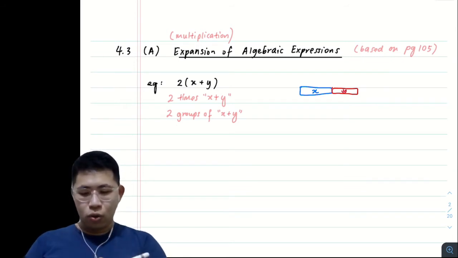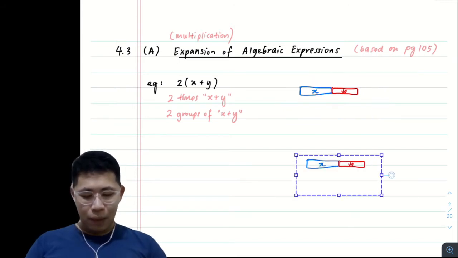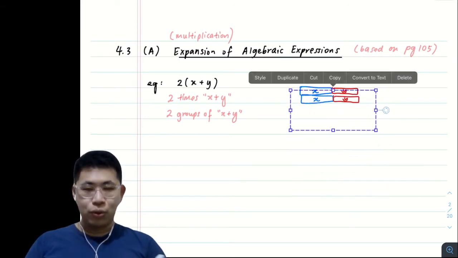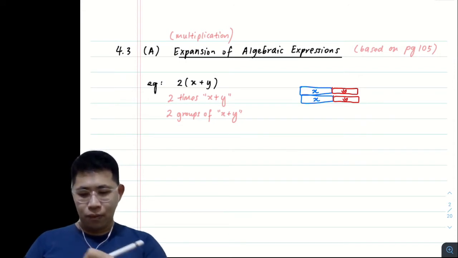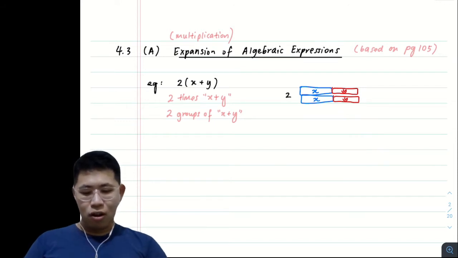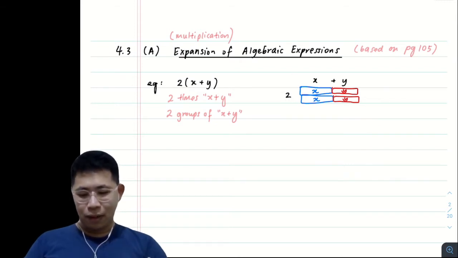Now, I'm looking for 2 groups of it. So I'm just going to copy, make another copy, and stick them together. So this is your 2 groups of x plus y, correct? So this is another way to think about it.